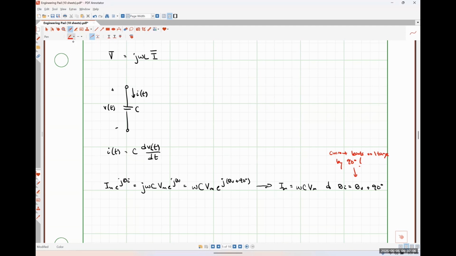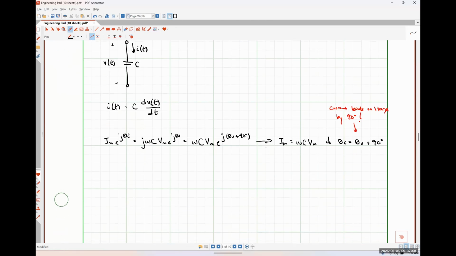Okay. Using polar form, this looks like Im angle theta I is equal to j omega C times Vm angle theta v. And in terms of our phasors, then we have I is equal to j omega C multiplied by phasor voltage V.